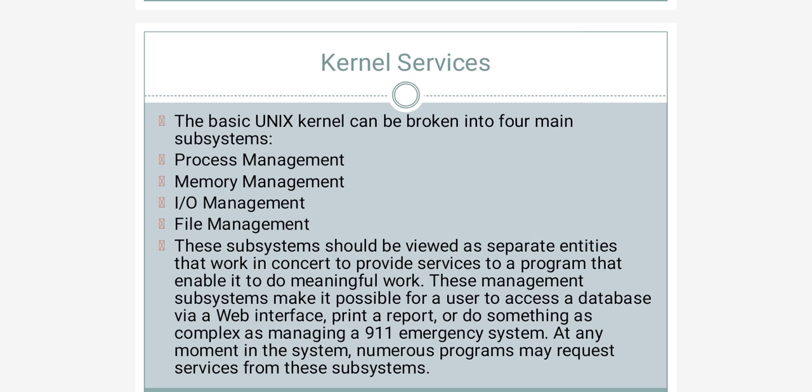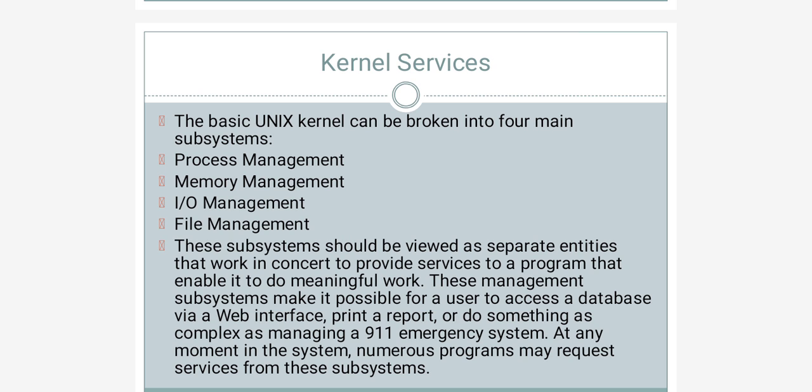All these subsystems interact with each other based on system calls and libraries. Using those system calls and libraries, messages are passed between the various management subsystems, and it processes something in the Unix kernel system.